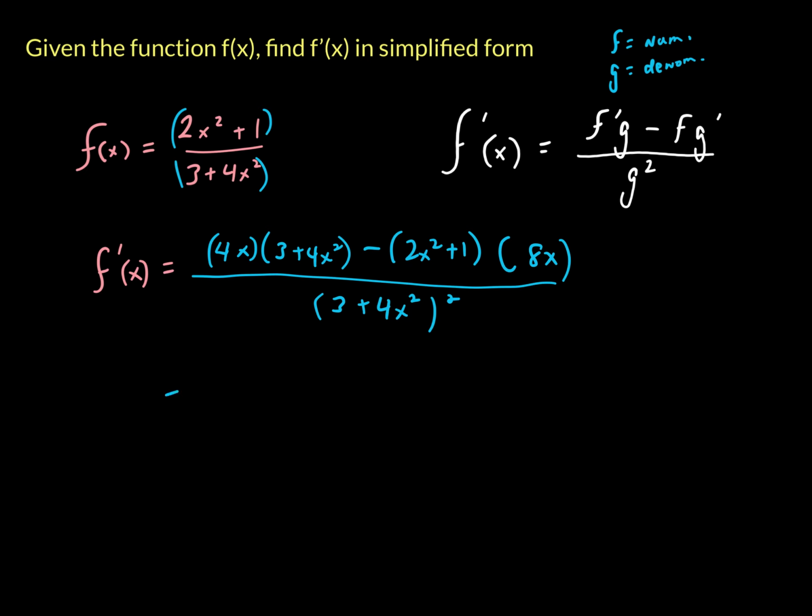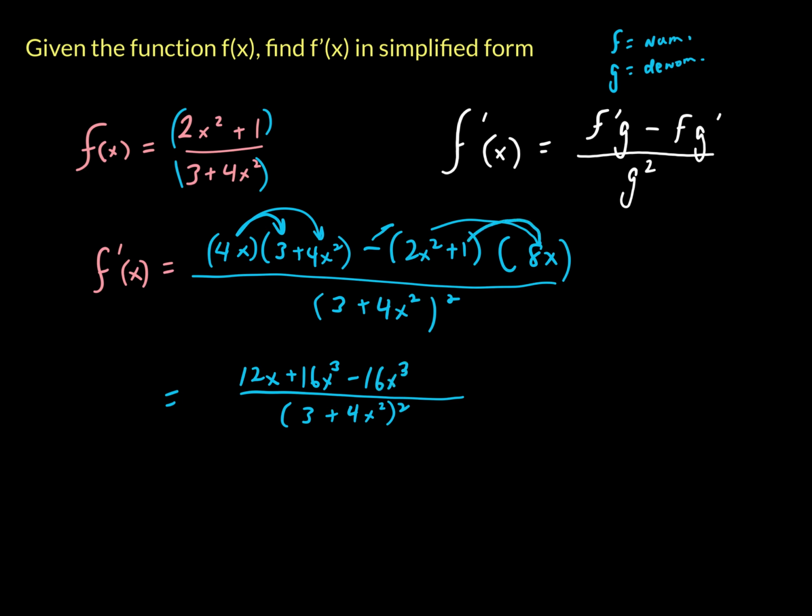And let's see if we can clean this up a little bit. Remember simplified form, we're not going to multiply that out. We're just going to leave 3 plus 4x squared alone. And then what do we get here? That's 12x, 16x cubed. And before we do that, let's multiply this. That's going to be 16x cubed, but there's a negative, so it's negative 16x cubed.